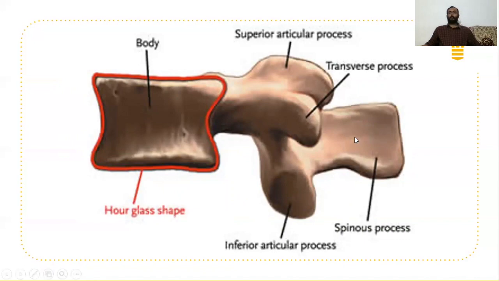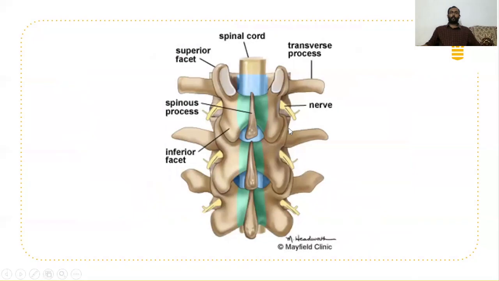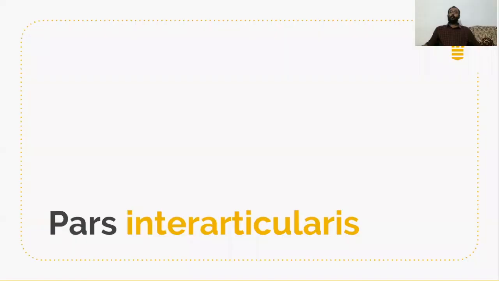This is the spinous process. This is the transverse process. Please look at this foramen through which the nerve comes out, which is very close to the pedicle and facet joint. This picture is very important in understanding neural foraminal stenosis.